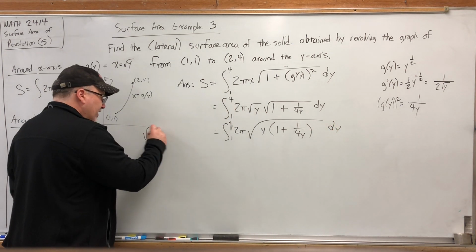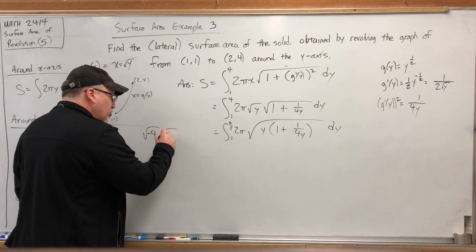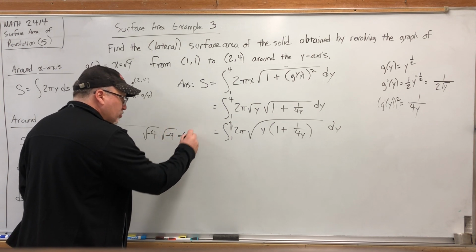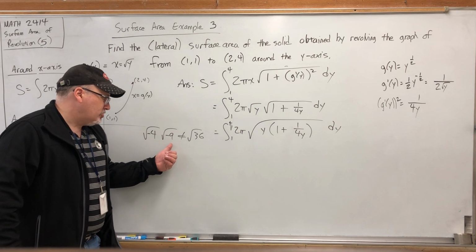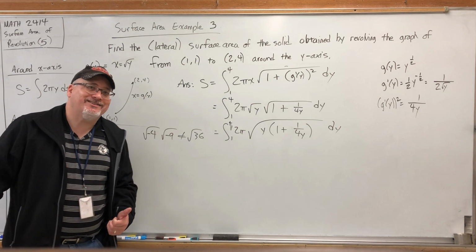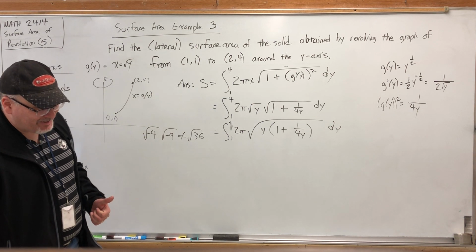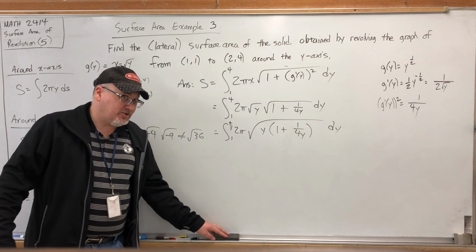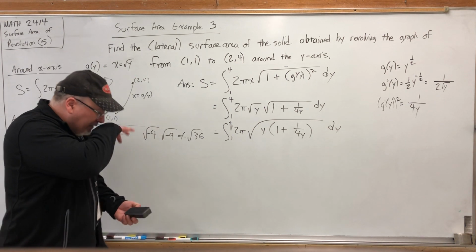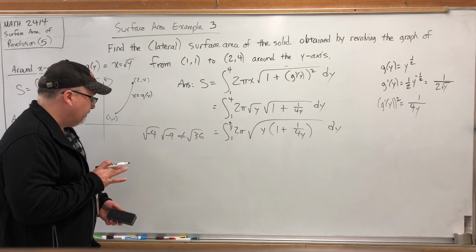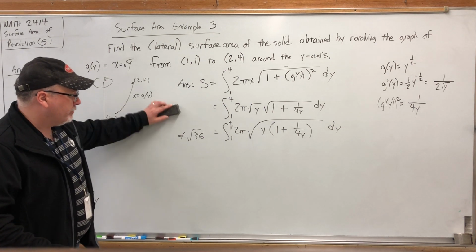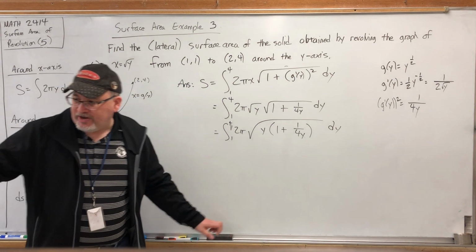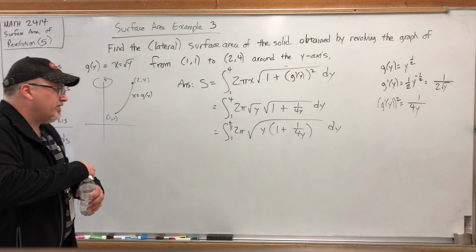So for example, if you have the square root of negative 4 times the square root of negative 9, that is not equal to the square root of 36. Don't believe me? This is 2i, this is 3i. 2i times 3i is 6i squared, which is negative 6, but this is positive 6. That's the only situation where you can't multiply two square roots together, is when both radicands are negative. All right, but in this case they're not, so we can.